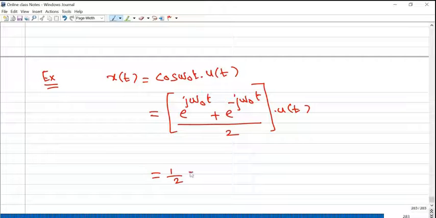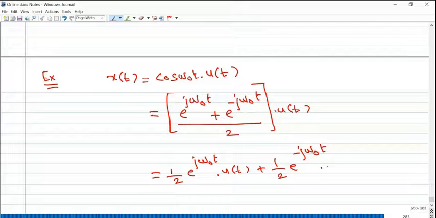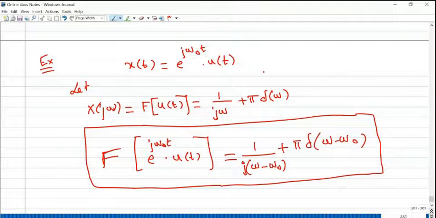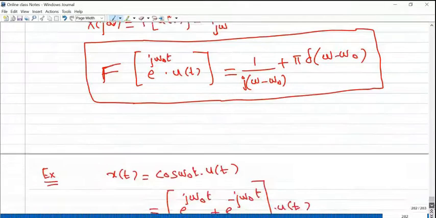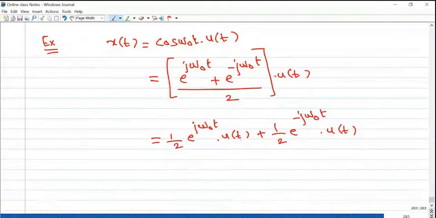So it is 1 by 2 e power j omega naught t u of t plus 1 by 2 e power minus j omega naught t u of t. Similar to the previous problem, now apply the frequency shifting property and write down the answer.